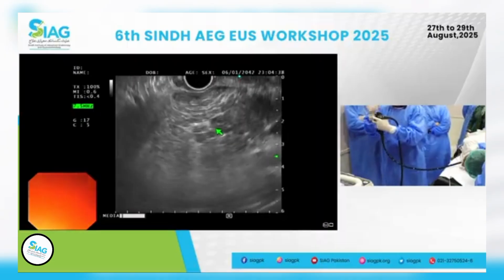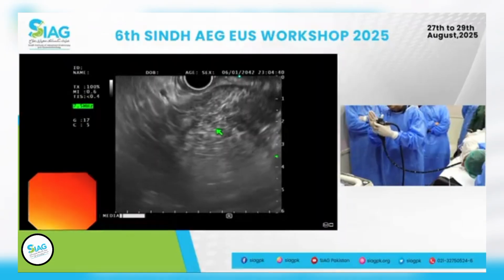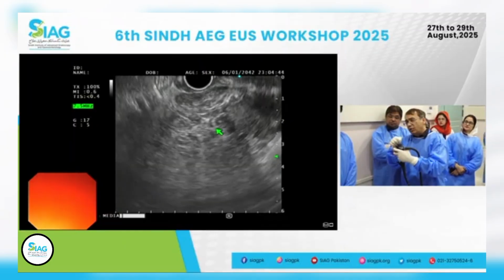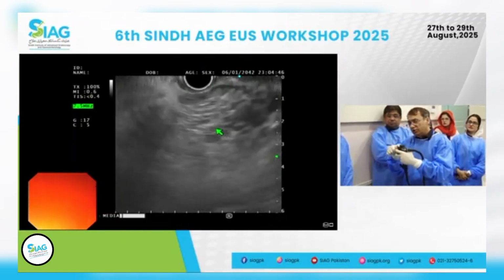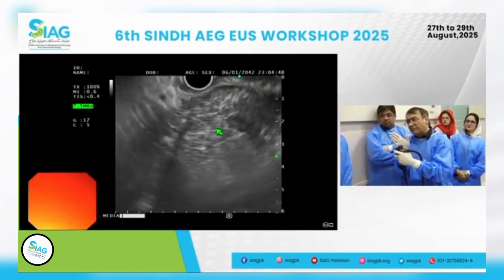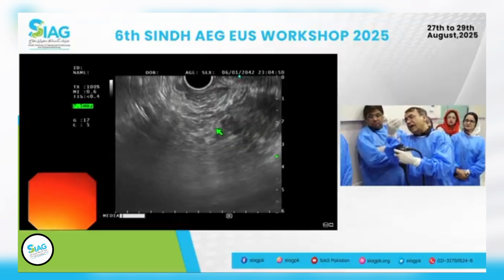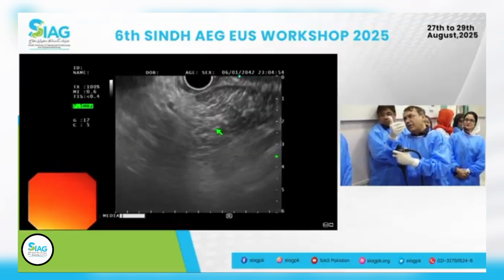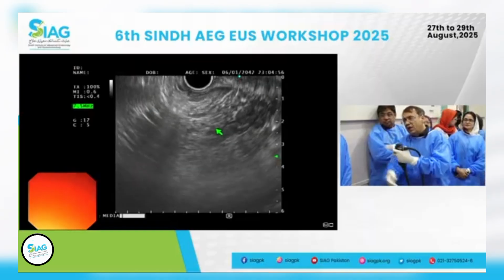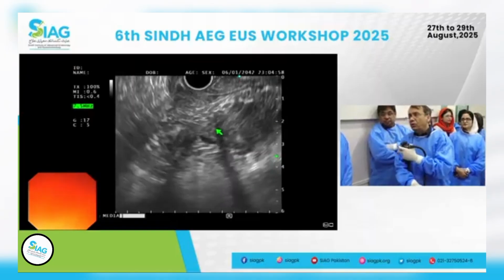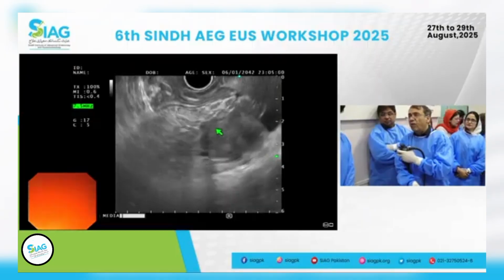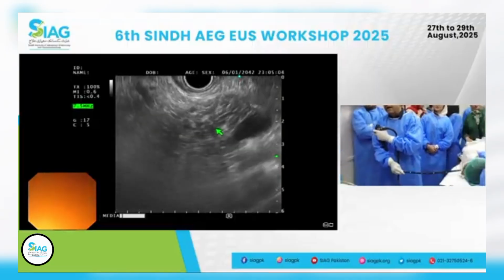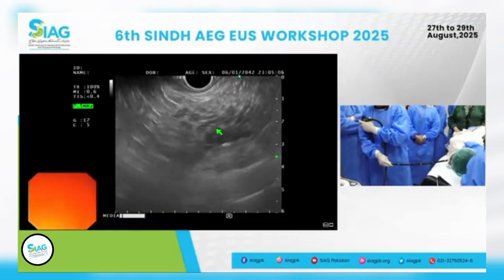Now, I never lock my wheel, but if I have locked it for any reason, in D2, when I pull the scope back, I want to make sure my wheels are unlocked because I don't want the scope to get hung up around the duodenal apex and cause trauma to the duodenal wall. Right now, gently, while keeping that pancreas in view, gently pulling back.